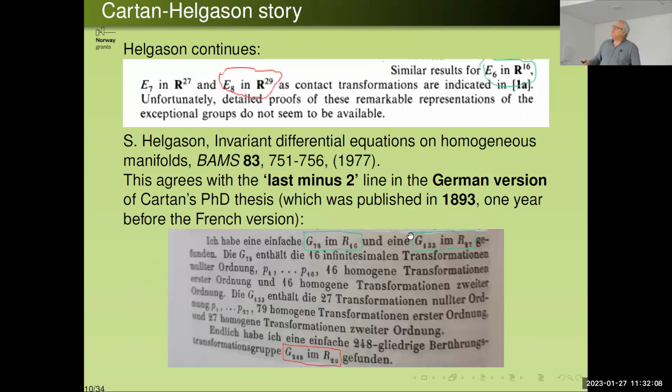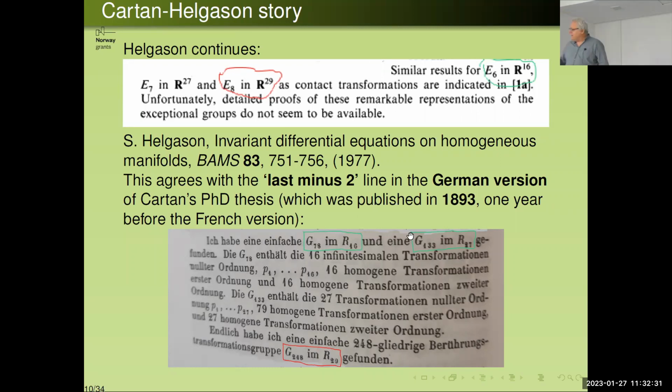And furthermore, Helgason continues. Now he says similar results for E6 in dimension 16, E7 in dimension 27, and E8 in dimension 29 as contact transformations are indicated in Cartan's thesis, actually in the German version of Cartan's thesis.